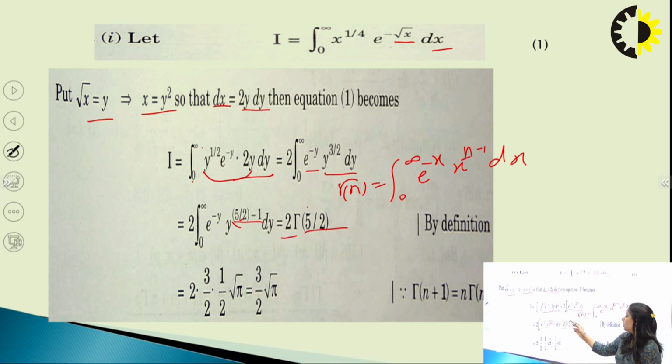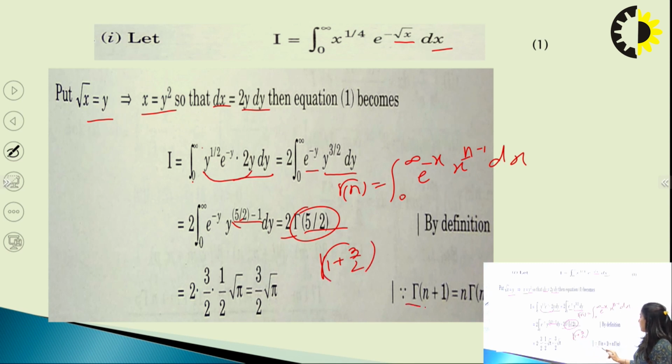So now to find the value of gamma of 5 by 2, we can write gamma of 5 by 2 as gamma of 1 plus 3 by 2. Now by using this property, gamma of n plus 1 is equal to n gamma n, here the value of n is equal to 3 by 2. So this is equal to 3 by 2 gamma of 3 by 2. Now to find the value of gamma of 3 by 2, we can write gamma of 3 by 2 as gamma of 1 plus 1 by 2.